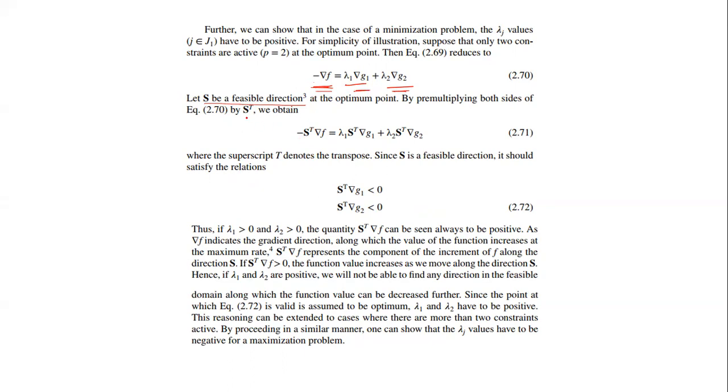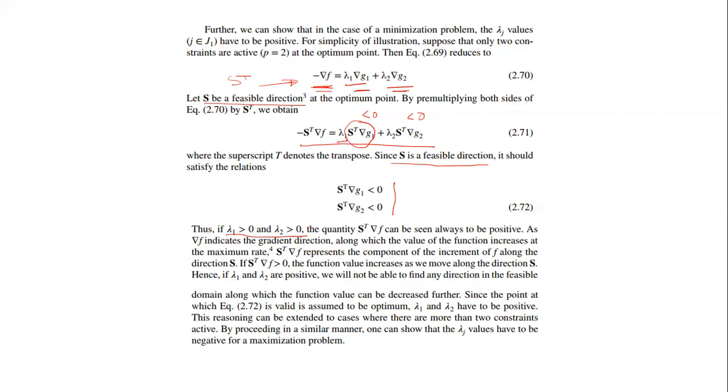Now if we pre-multiply this equation with S transpose, which is our feasible direction, we get an equation like this. By definition, since S is a feasible direction, this value has to be less than 0. Okay, negative gradient, so our values are actually reducing. Since these are less than 0, the lambda value has to be greater than 0.